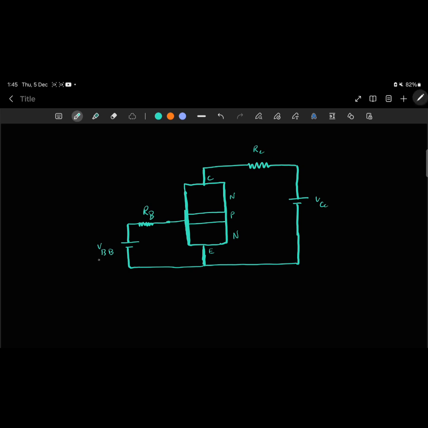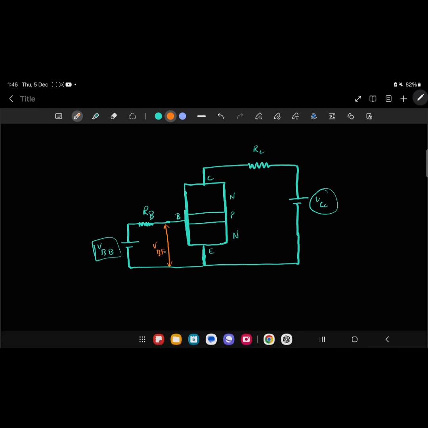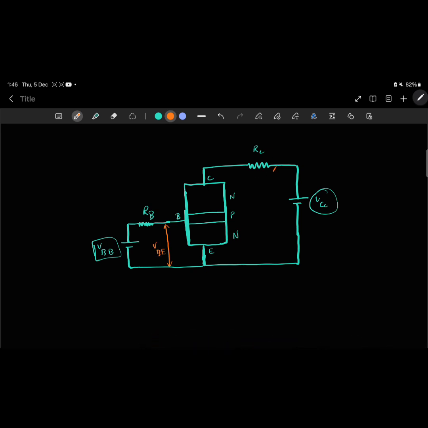For example, VBB is used for the supply that's connected to the base terminal, and VCC is used for the supply which is connected to the collector terminal. The voltage VBE is the voltage between the base and the emitter terminal, and the voltage VCE is the potential drop between the collector and the emitter terminal.